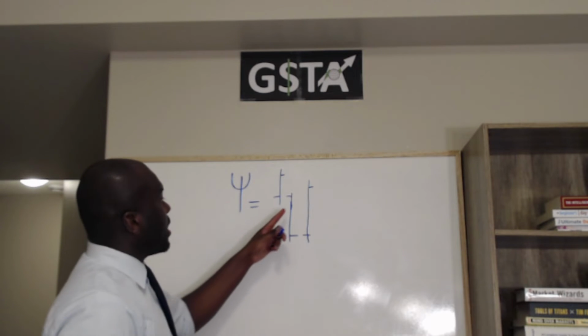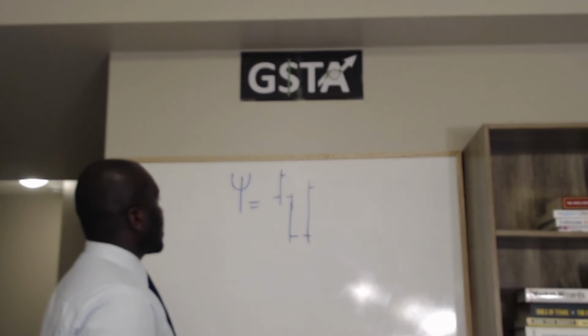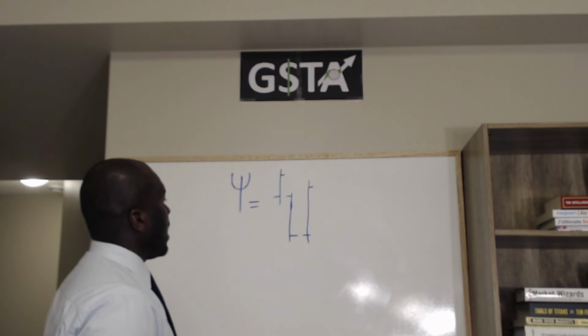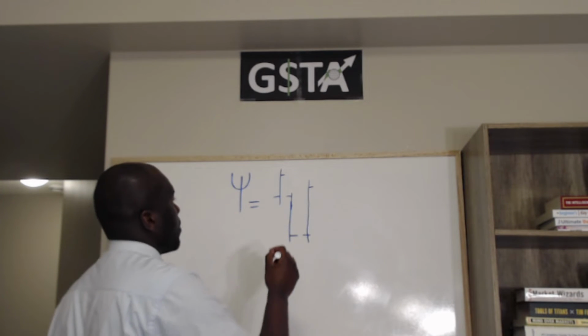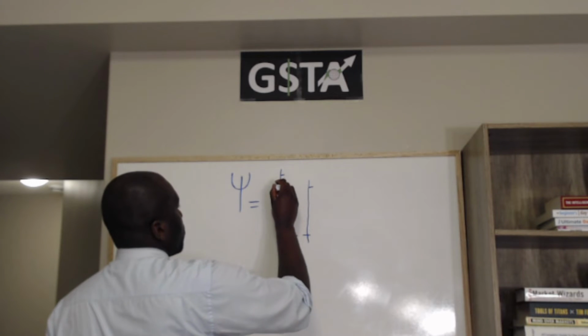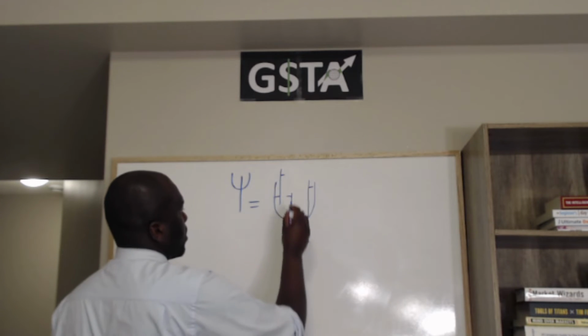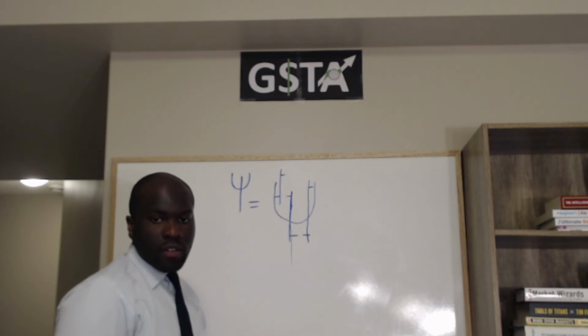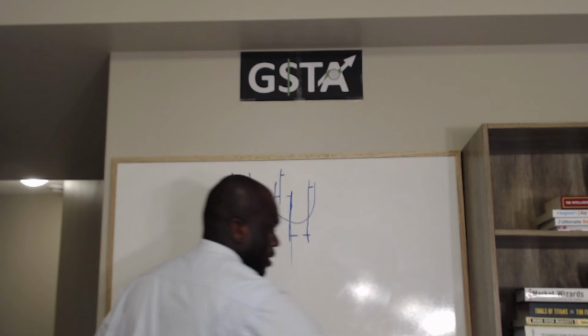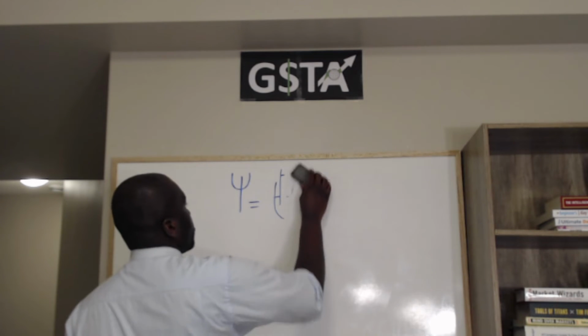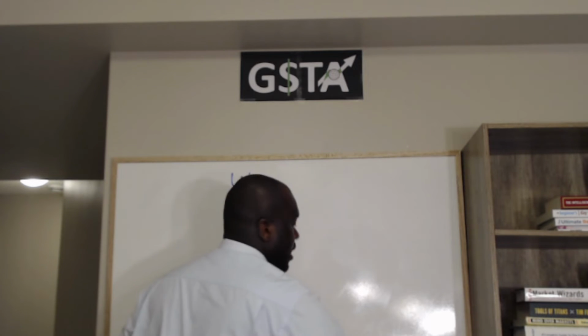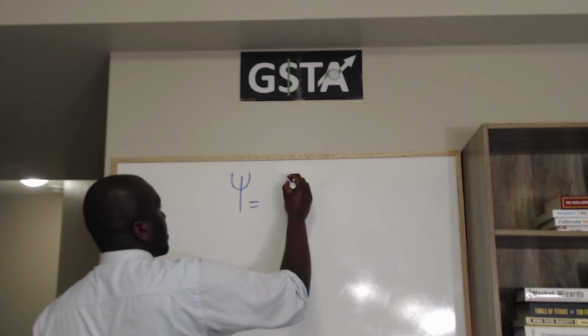So if you see this kind of pattern, it's a psi pattern, right? Because you see this one and you see this one, right? That's why we call it the psi pattern. Or you can also see this kind of psi pattern.